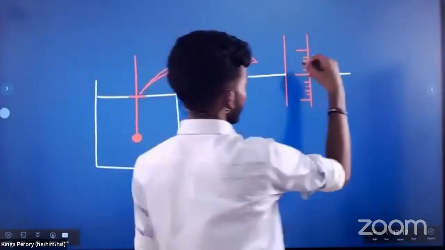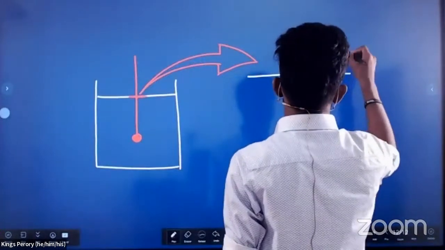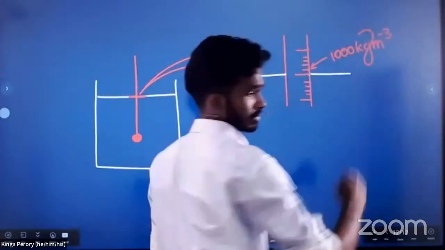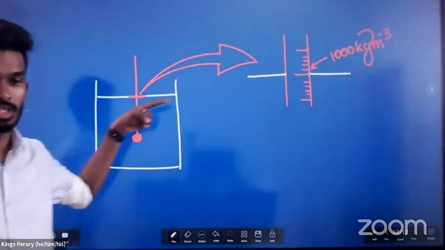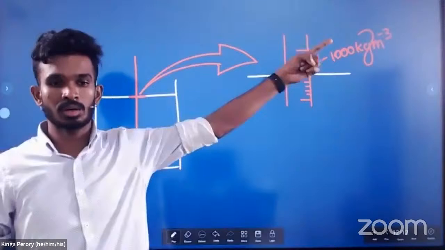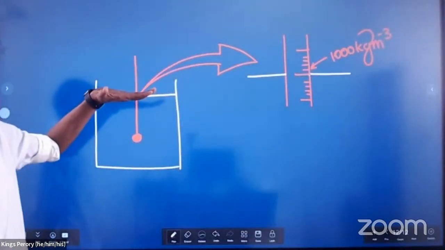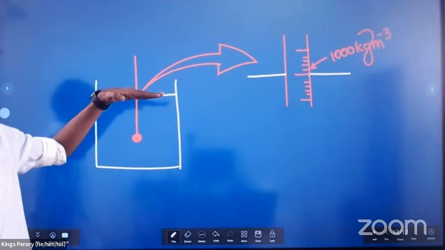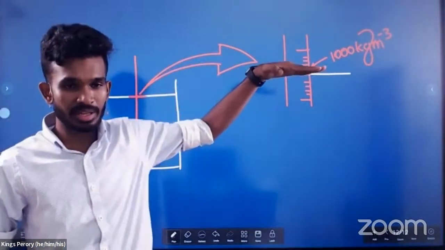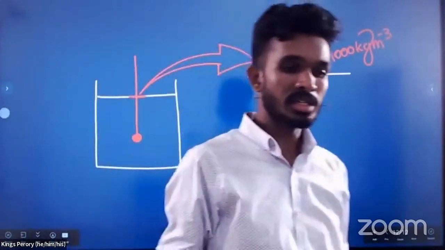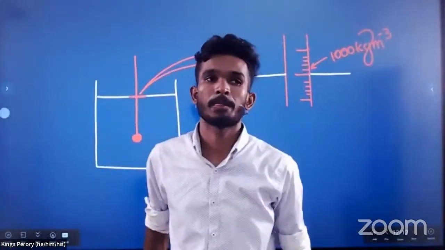Let's say the scale is marked here as 1000 kilogram per cubic meter. Then what's the density of this liquid? 1000 kilogram per cubic meter. It will be touching the surface at a certain level. At that level, you look at the scale. That scale gives you the density. That's how you measure the density using a hydrometer.